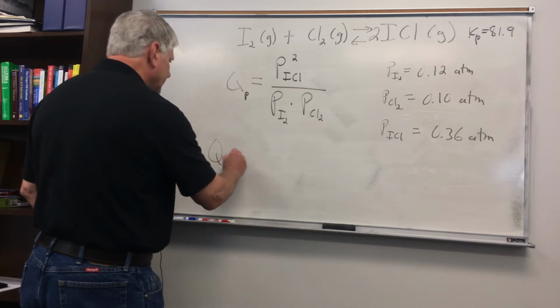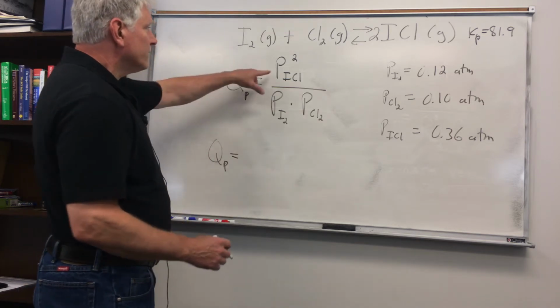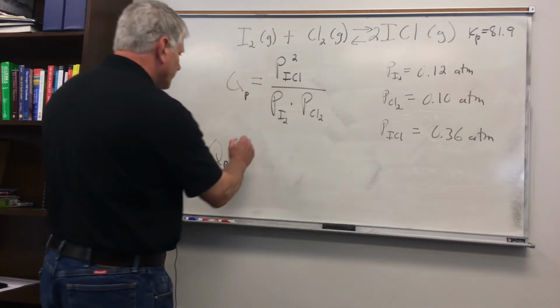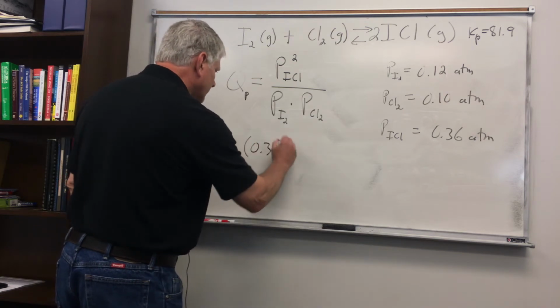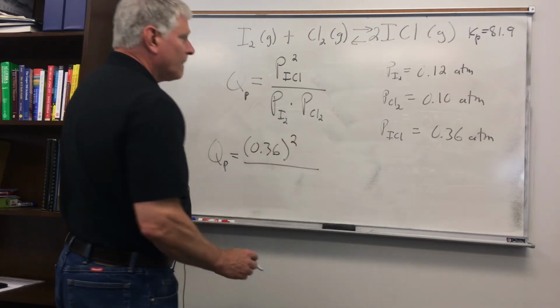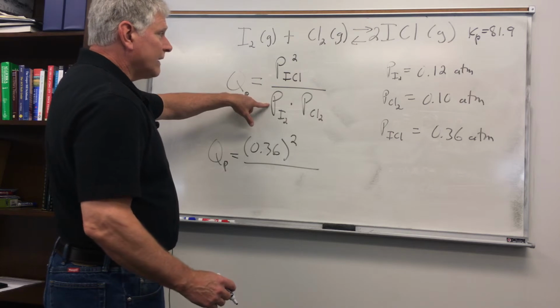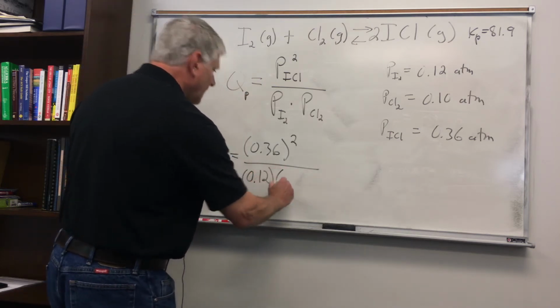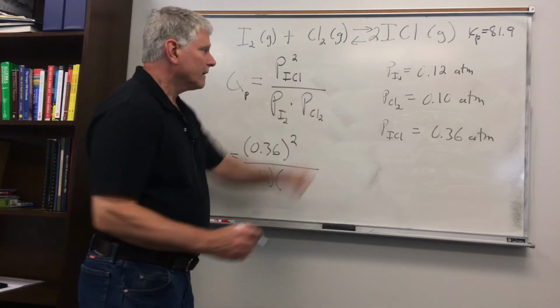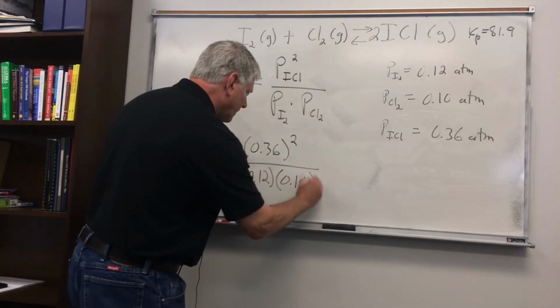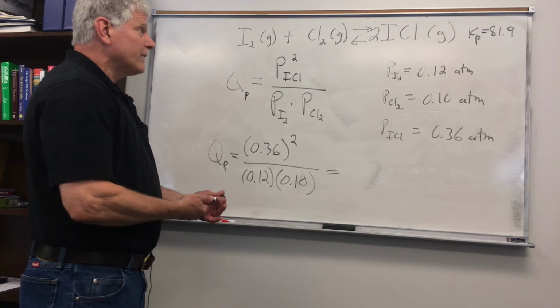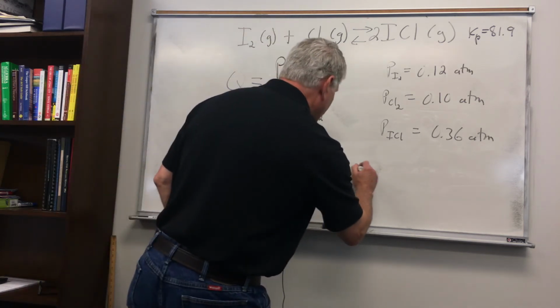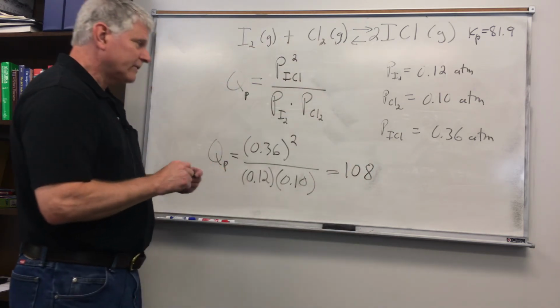So Qp is going to be equal to the pressure of ICl squared, 0.36 squared, divided by the pressure of iodine, which is 0.12, and the pressure of chlorine, 0.10. So this gives a value of 108 for the reaction quotient.